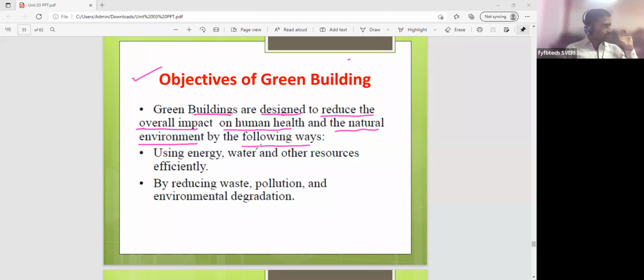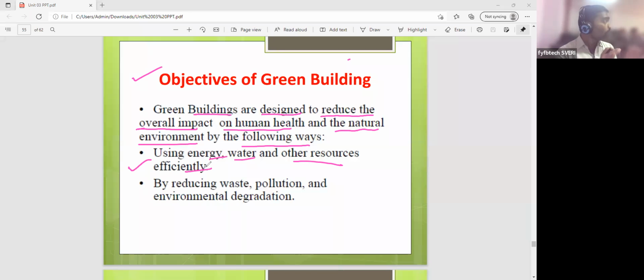So green building is designed to reduce the overall impact on human health and the natural environment in the following ways. The first one is using energy, water and other resources efficiently. Efficiently means we use only as much as we need.